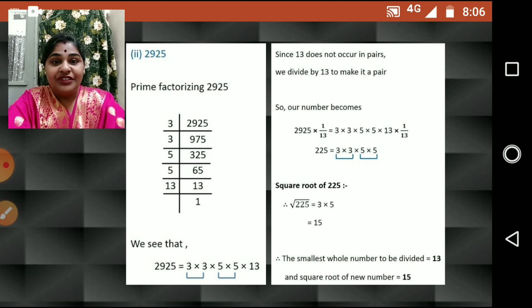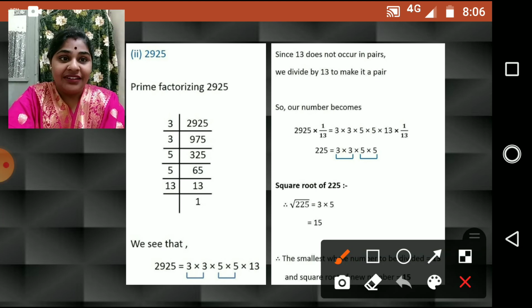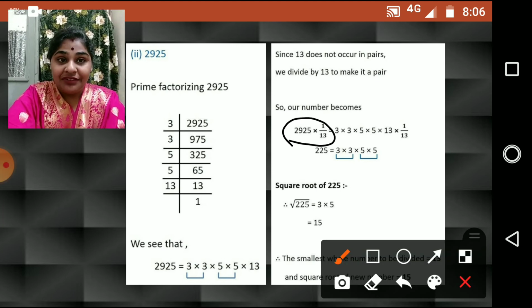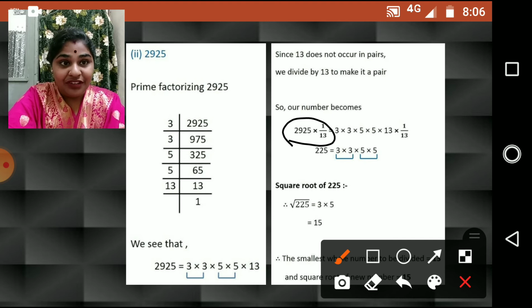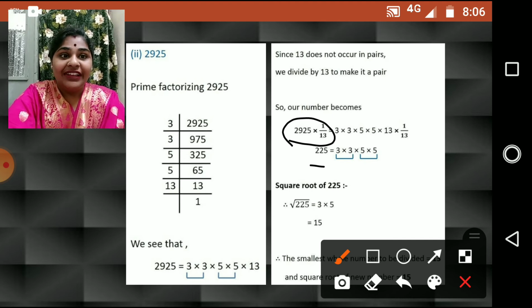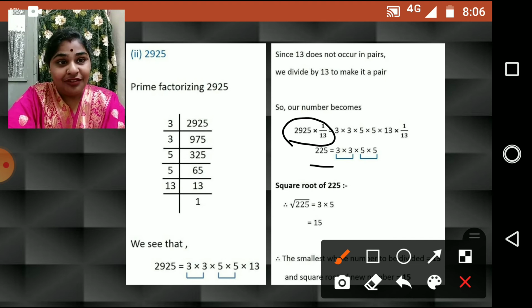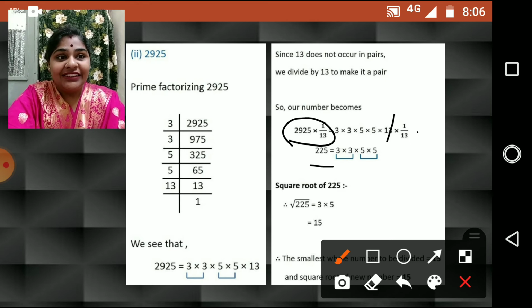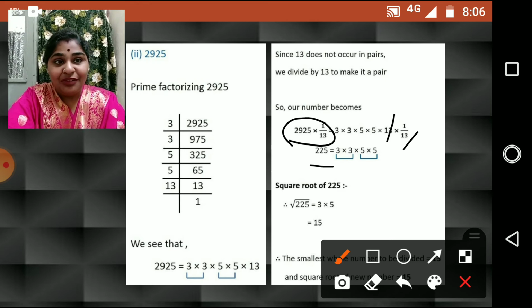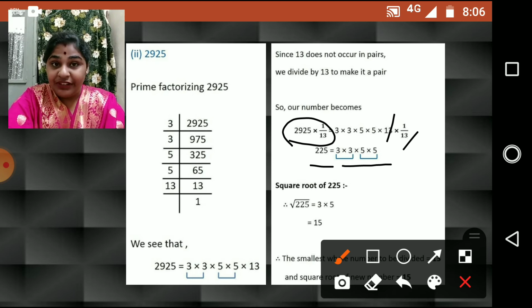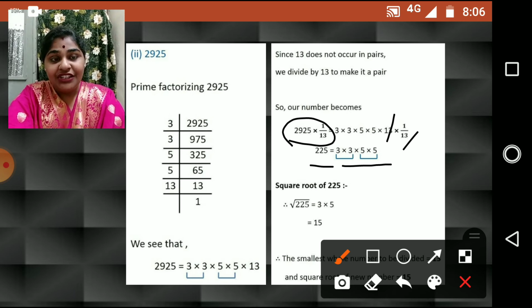Now after dividing, on the left hand side, when we divide the given number 2925 by 13, we will get 225. And here 13 and 13 get cancelled and remaining will be 3 into 3 into 5 into 5. When we find the square root, we take one number from each pair.